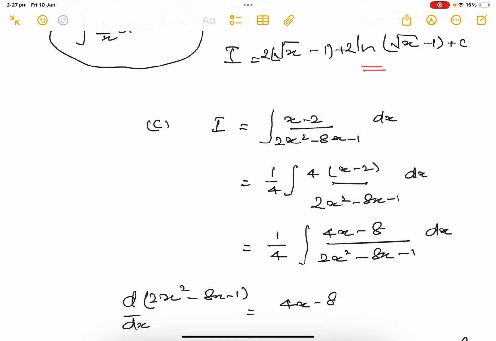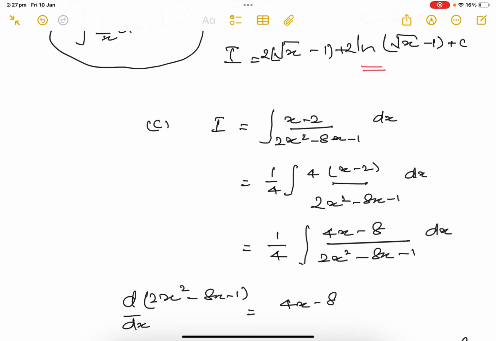If you look at it, the differentiation of the denominator, 2x squared minus 8x minus 1, is 4x minus 8. If you look at the numerator, we have a pattern there. We can multiply by 4, so the numerator is 4 times x minus 2.